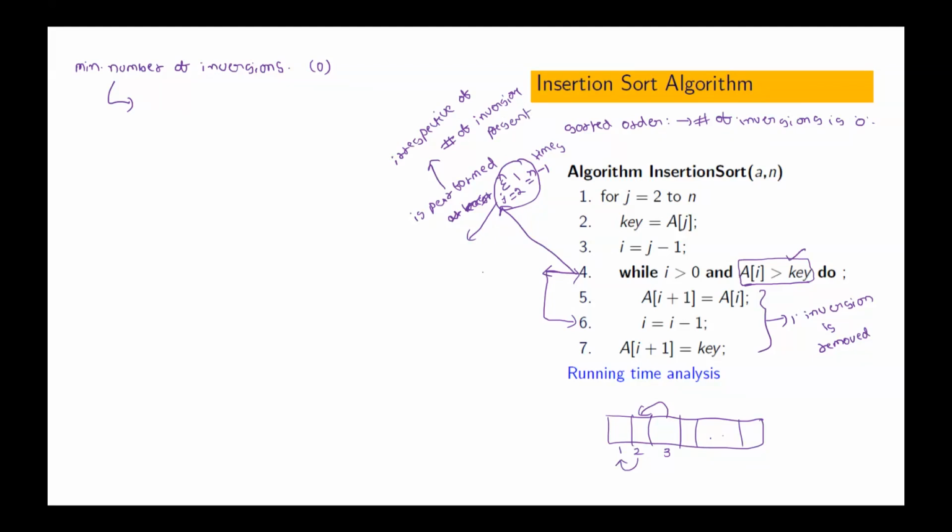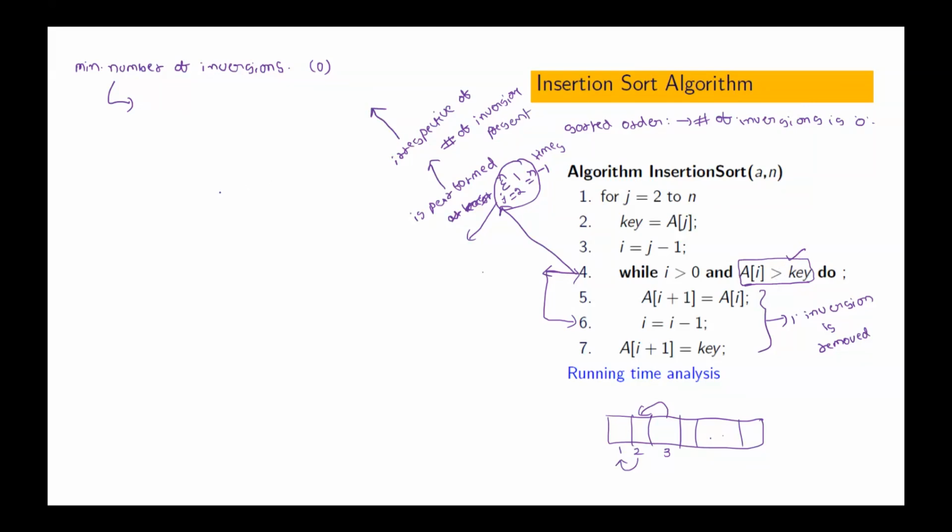Now, for every inversion, this step is performed how many more times? One more time. For every inversion, this step is performed one more time. That means it is performed as many times as there are inversions.